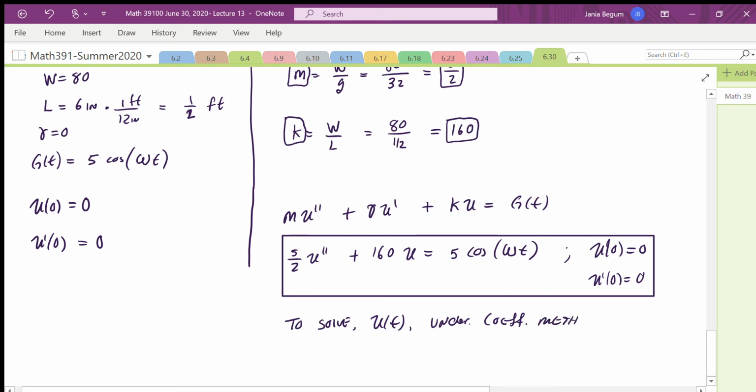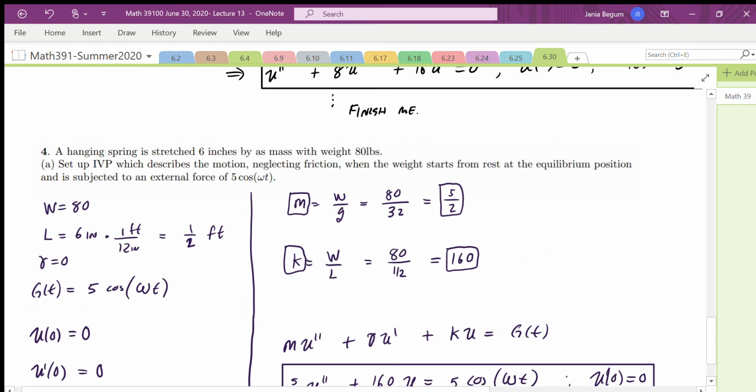That would be the easy way to go, but if you want to do variation of parameters, I think it's going to take you a while. I would go with undetermined coefficients because g of t is cosine, and we know how to find a form for the particular solution if g of t is cosine, sine, an exponential, or a polynomial. Okay? So that's for spring mass. Any questions on these problems?